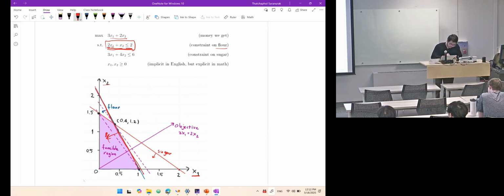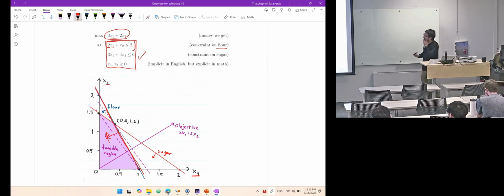So the purple region is the place where this constraint is satisfied. But now if you want to maximize money, then you can also write down an objective, like the direction.